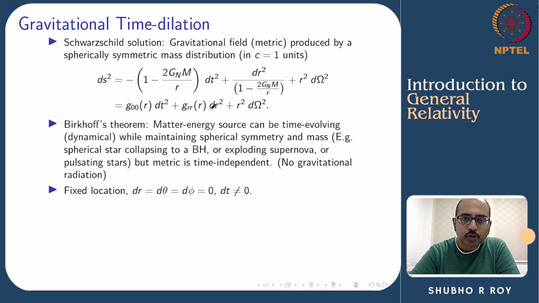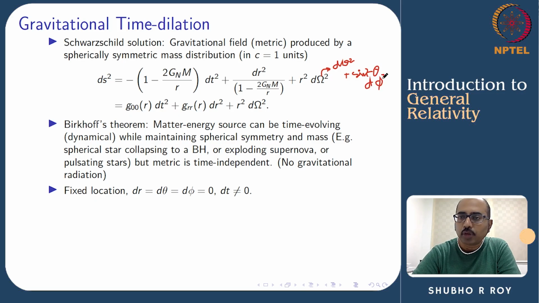Now, in the Schwarzschild geometry, consider a fixed location. Fixed location means fixed values of r, theta, and phi. Remember, dΩ² is the sphere metric: dθ² plus sin²θ dφ².